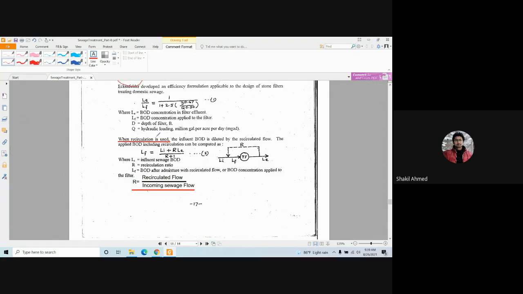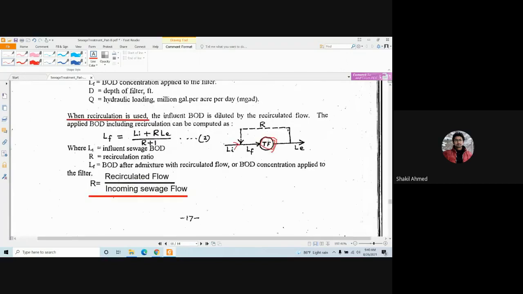Anyway, if you look at the trickling filter, this is the Li you are putting here, the initial Li, the influent. This will be changed because some portion is getting recirculated from here.